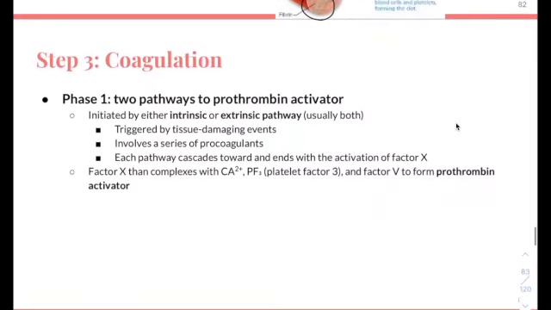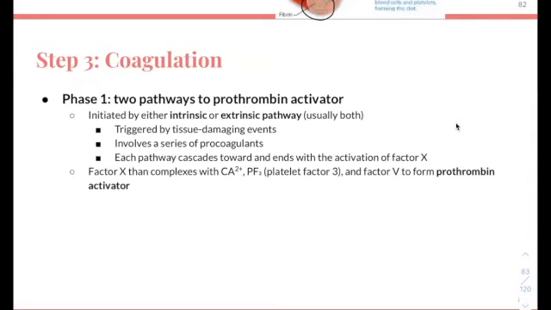So in coagulation, there's two pathways for the prothrombin activator. There's an intrinsic and an extrinsic pathway. They use both because it's triggered by tissue damaging events. So something damaged the tissue of that blood vessel, and it involves a series of procoagulants.